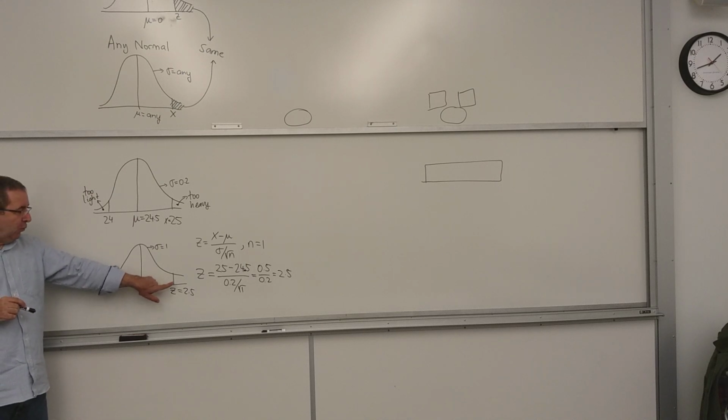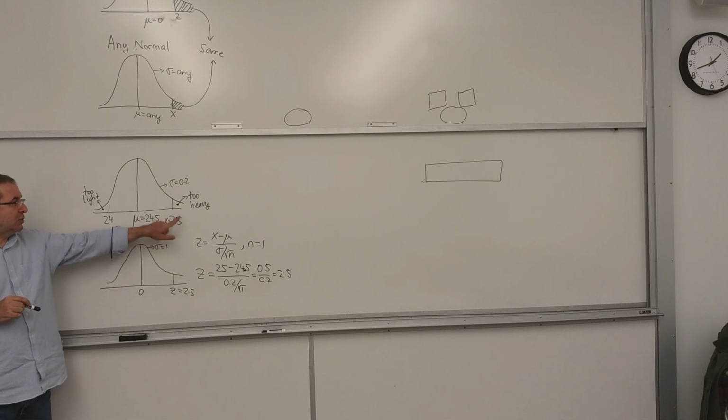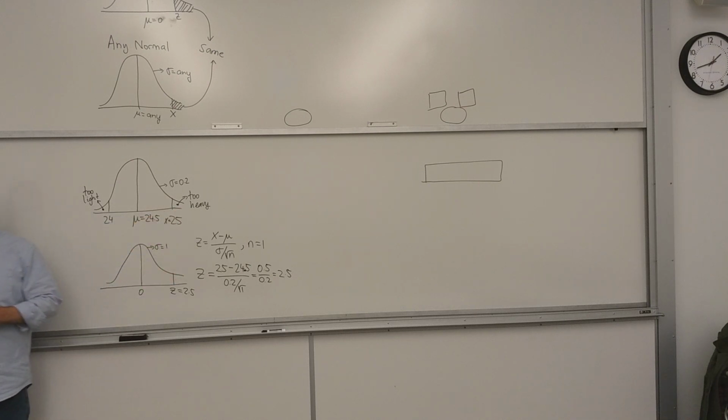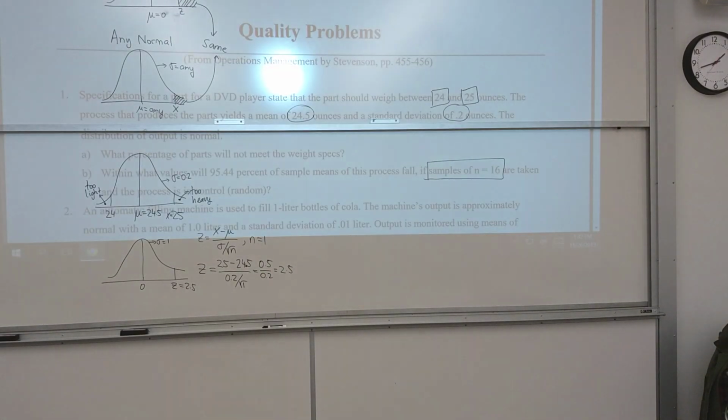So if we find this tail probability, we will also have found this tail probability. For that, we look at the formula sheet.